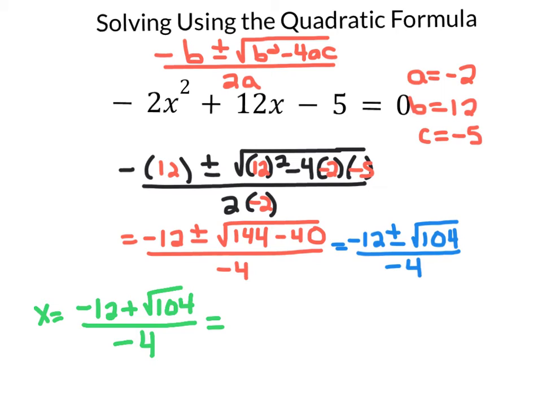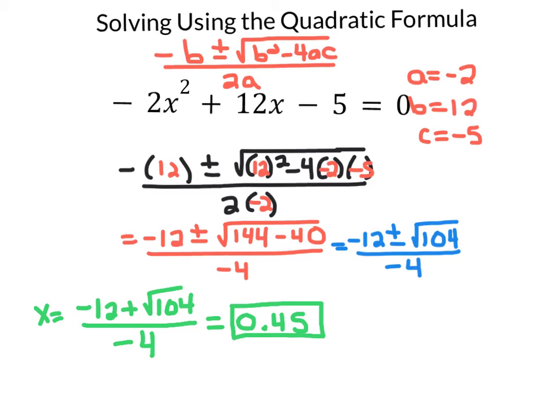We're going to get around 10.198039, and it's going to keep going. We're going to add the -12 to that and divide it by -4. To the nearest hundredth, we get 0.45. So there's our first x value.